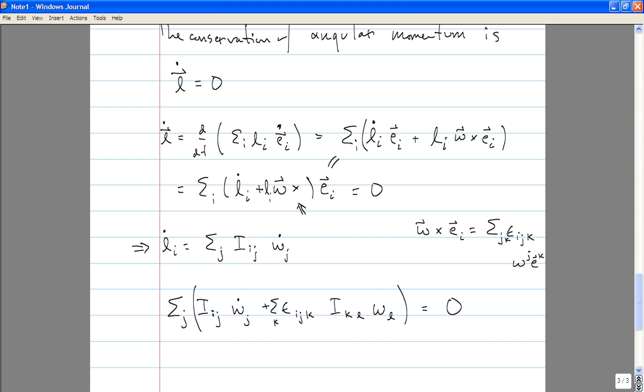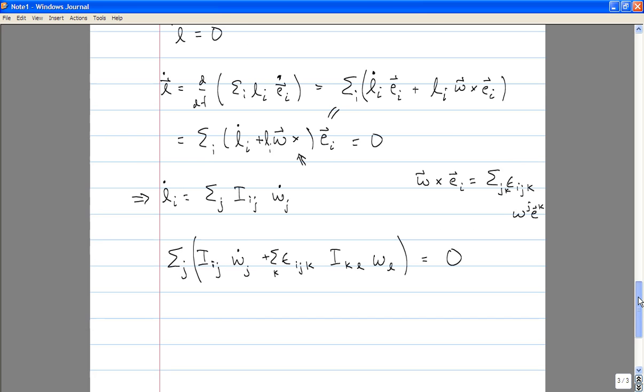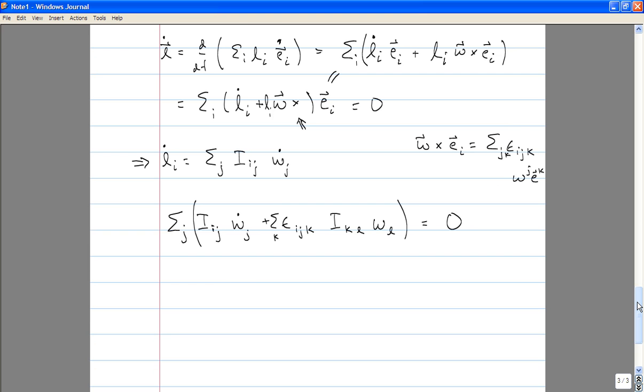Is that clear? So let me write this a little more cleanly. The sum over j of Iij omega j dot plus the sum over j and k of epsilon ijk. Oh, I'm sorry, I missed an omega there. There was one omega coming from here and another coming from there.